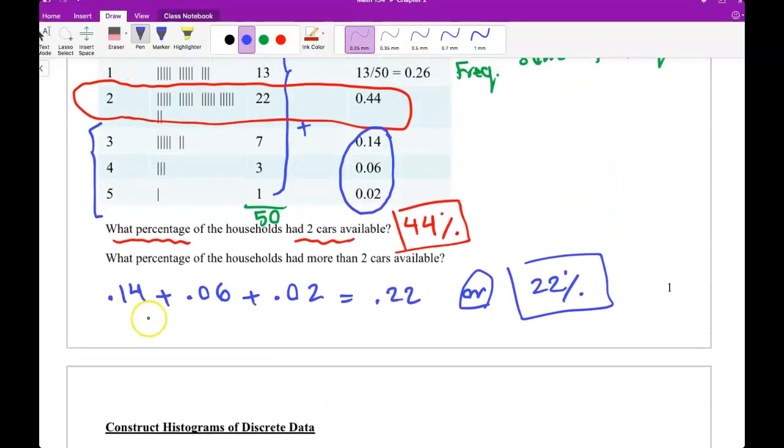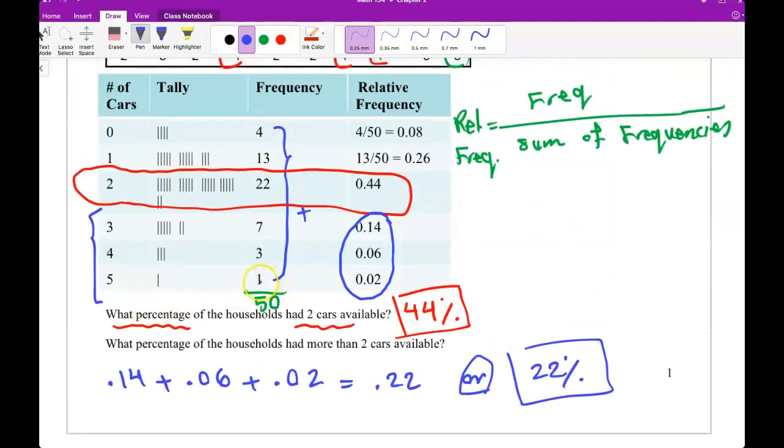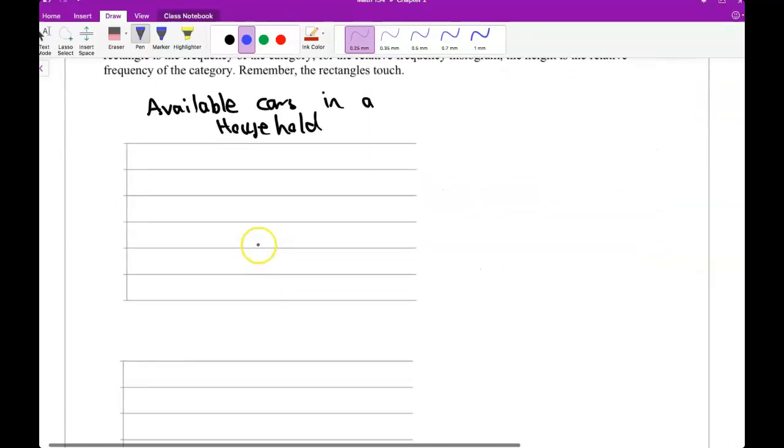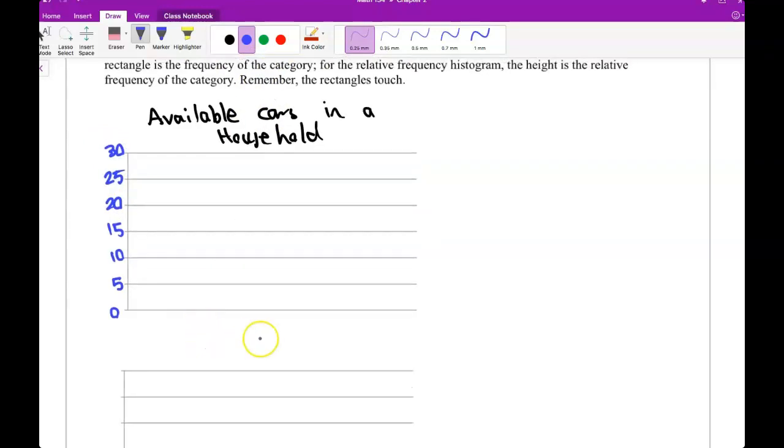The numbers that we had for frequency, here we had 1, and the largest one was 22. So let's start 0 up to 3. So here is 0, 5, and on this part we have number of cars.